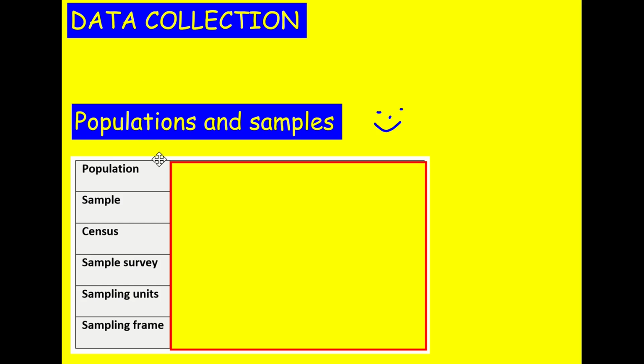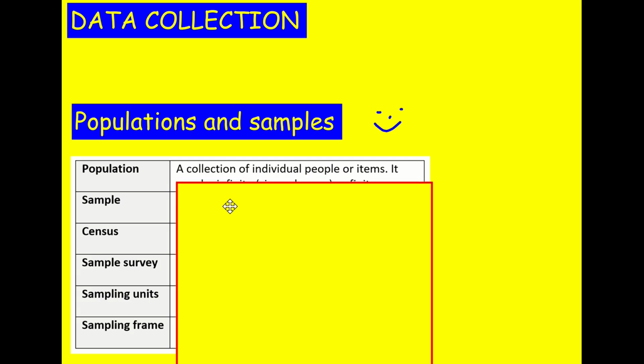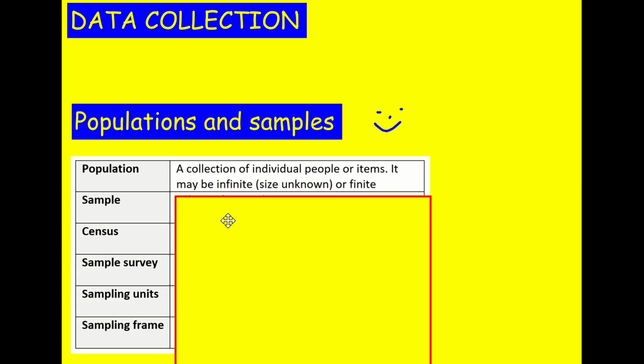Okay, because your definition of population might be different than what I'm looking for, but that's okay. That sort of would start a discussion point if we were in a classroom together. So population in terms of statistics is actually a collection of individual people or items. It doesn't actually have to be people.